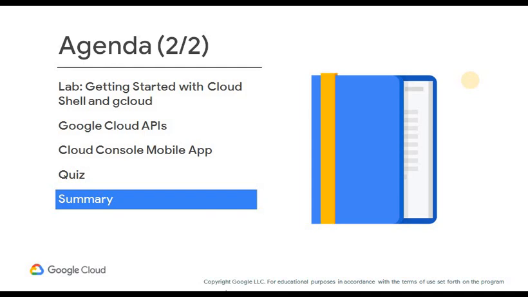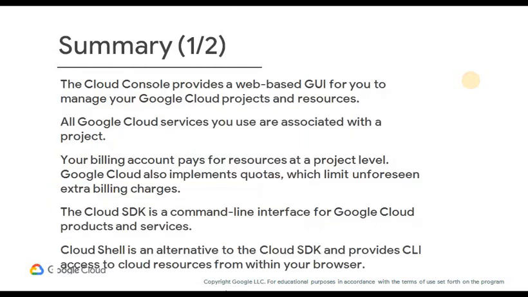That concludes the Getting Started with Google Cloud module. Let me remind you of what you learned. At the start of the module, we learned how the Cloud Console provides a web-based GUI to assist in managing Google Cloud projects and resources. Next, we learned how all Google Cloud resources must be associated with a project, and also how we can set up billing accounts at the project level.